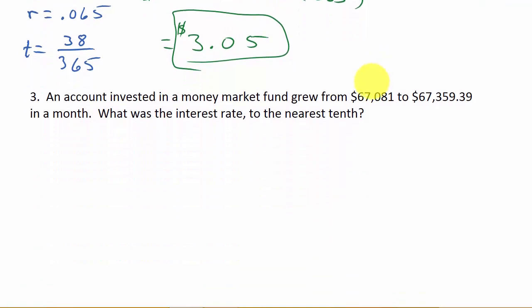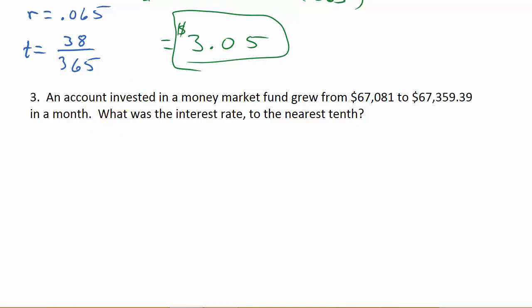All right, so here we have an account invested in a money market fund. An account invested in a money market fund grew from $67,081 to $67,359.39 in 1 month. What was the interest rate to the nearest tenth? Let's find that.